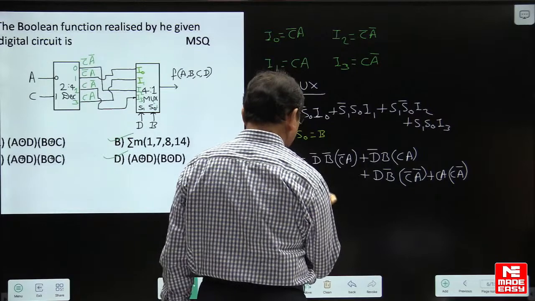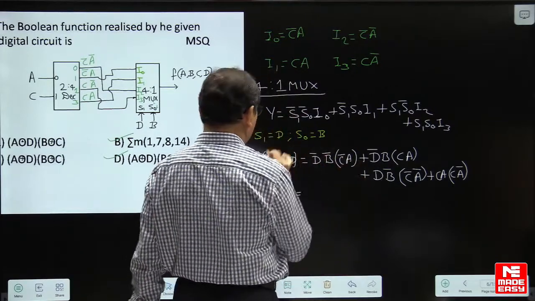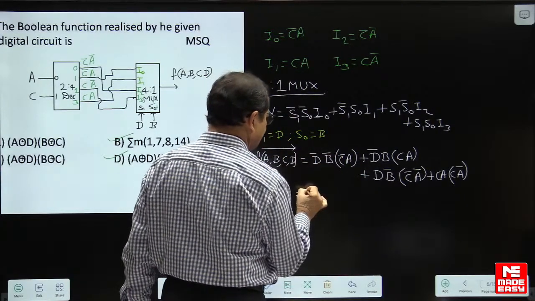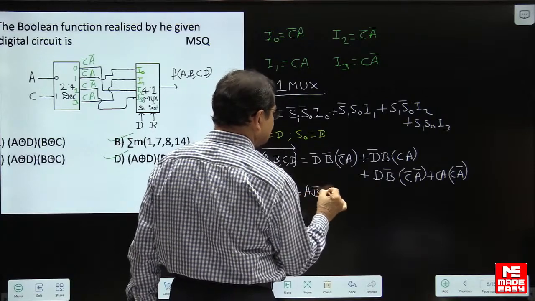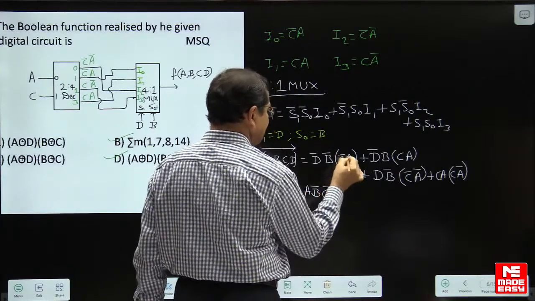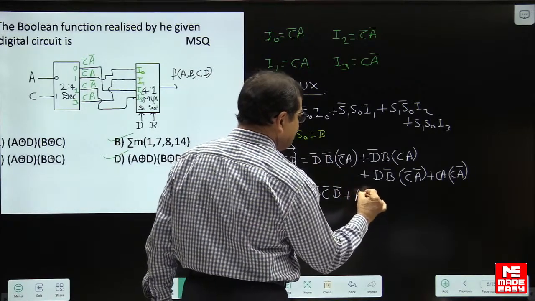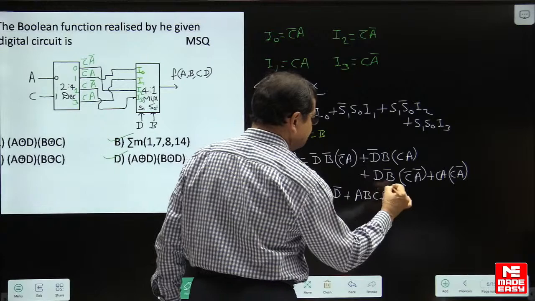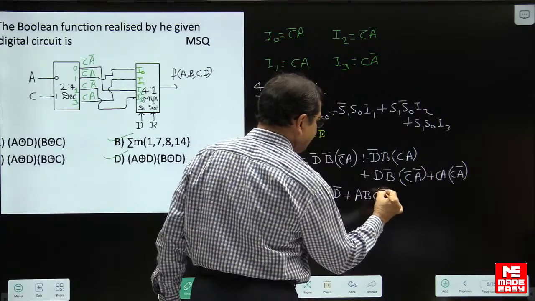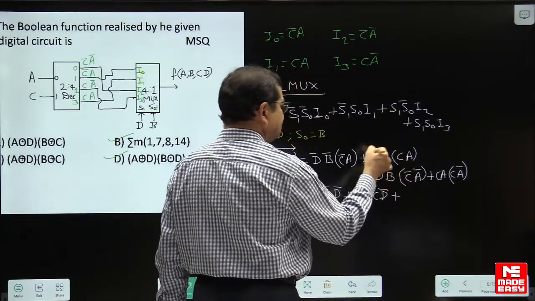If you reorganize properly the order of A, B, C, D, we have here: A, B complement, C complement, D complement. Next A, B, C, D complement.